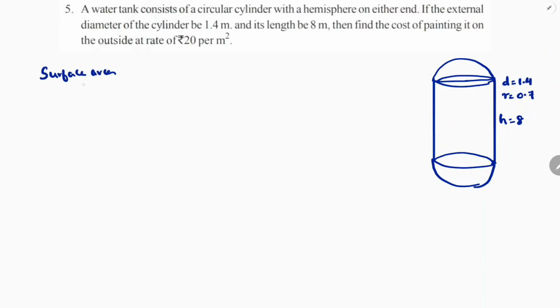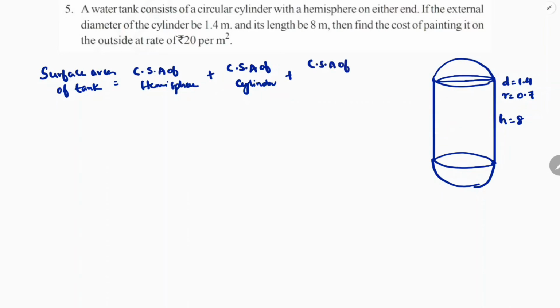Surface area of tank is nothing but curved surface area of hemisphere plus curved surface area of cylinder plus curved surface area of hemisphere. So now if I substitute the formulas, 2 pi r square plus 2 pi rh plus 2 pi r square.